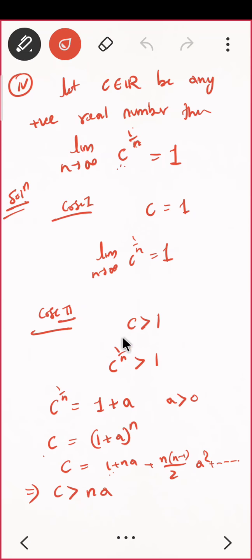Yeah. So you are having a is less than C by n, and what do you want to prove? You want to prove C raised to 1 by n converges to 1, correct? This is what you want to prove. So consider C raised to 1 by n minus 1, correct?